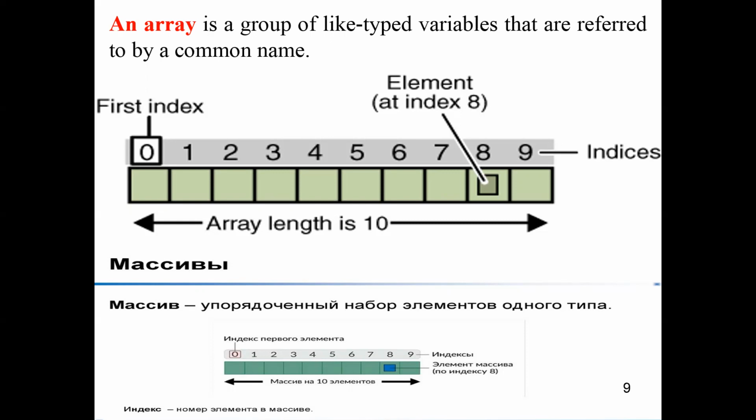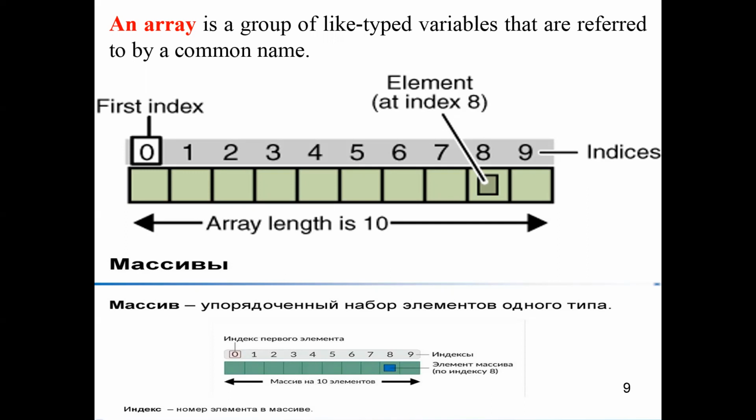In this picture, you can see a one-dimensional array. It consists of 10 elements. Array length is 10, and each element has its own index.